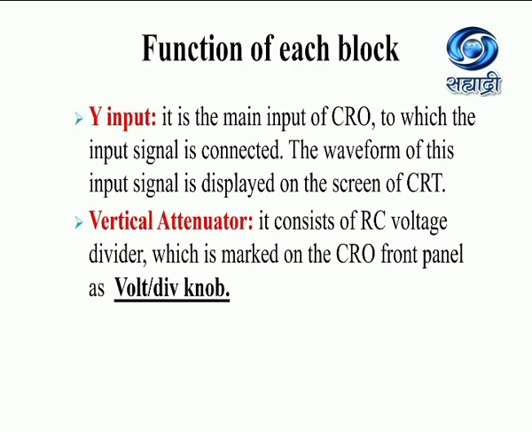It consists of RC voltage divider which is marked on the CRO front panel as volt per division knob. So whatever the front panel control marked as volt per division, internally it is connected to the vertical attenuator. So this attenuator basically attenuates the signal. We can control the Y input signal by using this block.